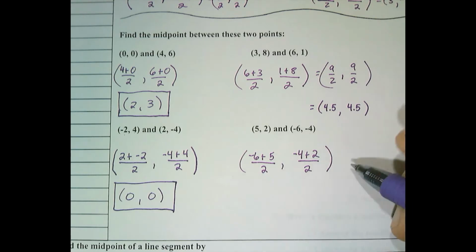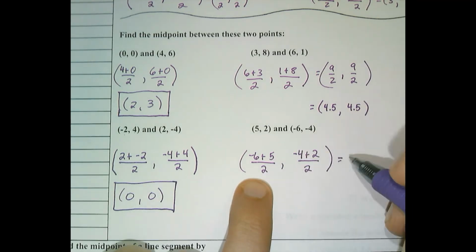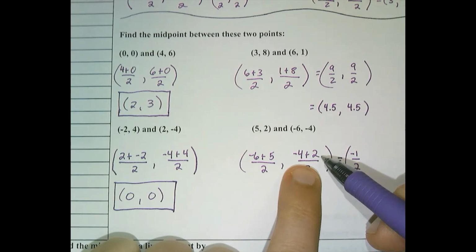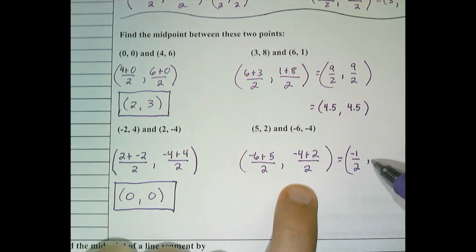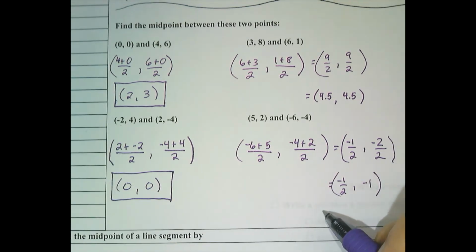Add those together, looks like we're going to have a decimal again. Negative 6 plus 5 is negative 1 over 2 when we divide by 2. Then negative 4 plus 2 is negative 2, negative 2 over 2. If we reduce that, we have negative 1/2 comma negative 1. Or as a decimal, negative 0.5 comma negative 1.